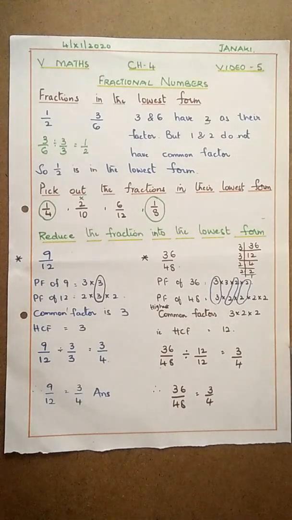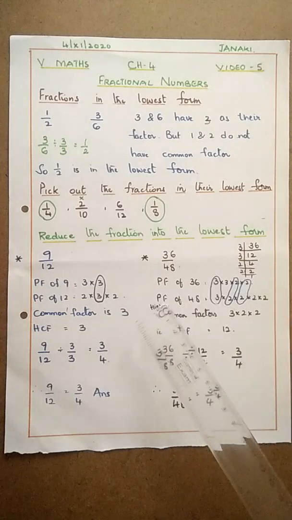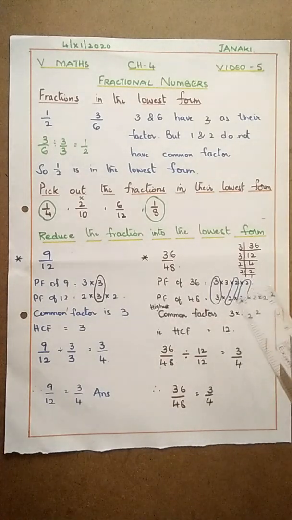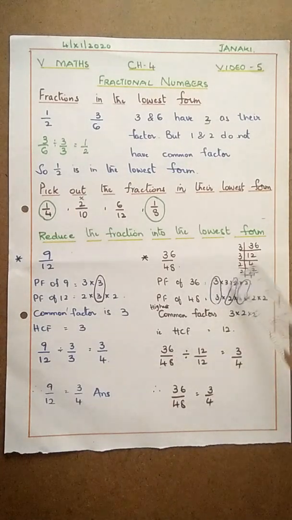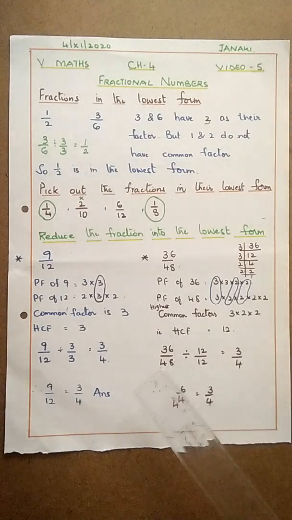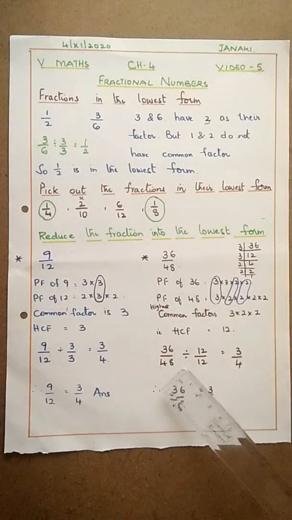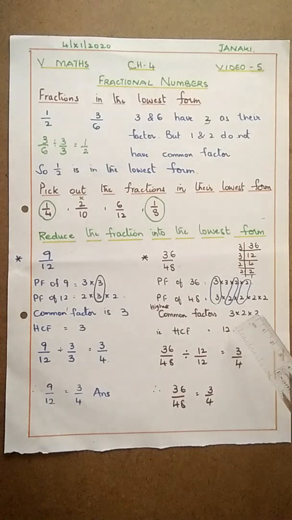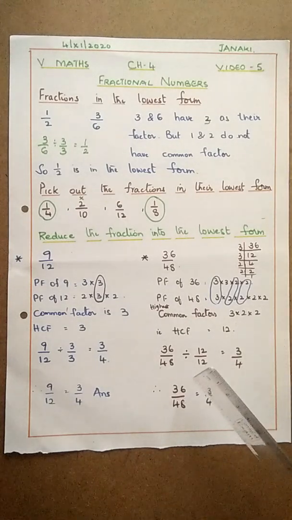For that, what have we done? First, we found the prime factorization of 36, then the prime factorization of 48. Then we found the HCF by picking out the common factors and multiplying them. Here we got 3 into 2 into 2 as 12. Now we have taken the given fraction, 36 by 48, and divided numerator and denominator by their HCF, 12.